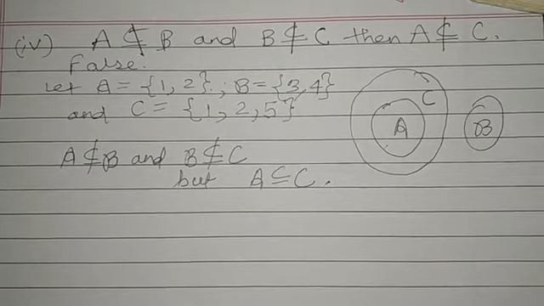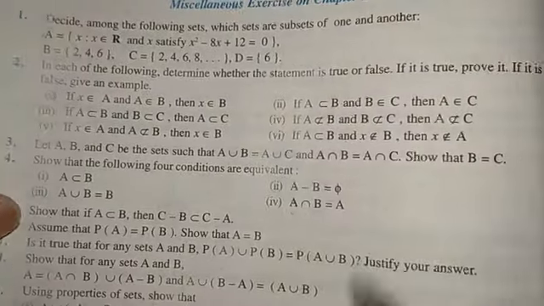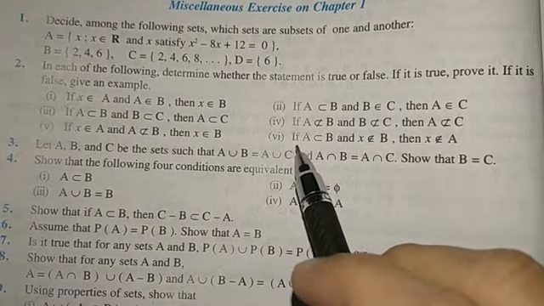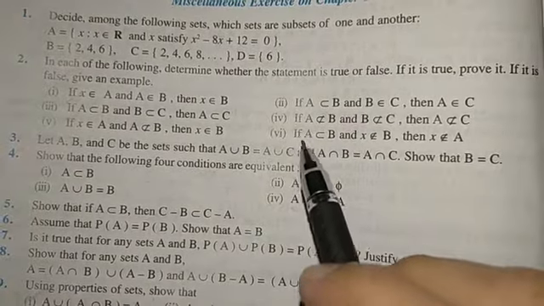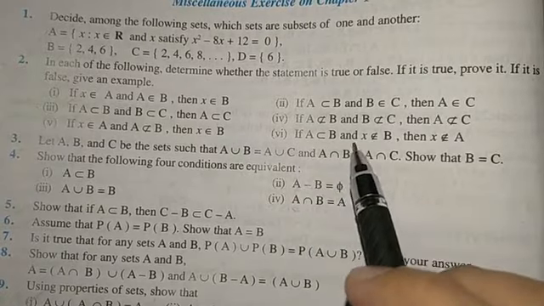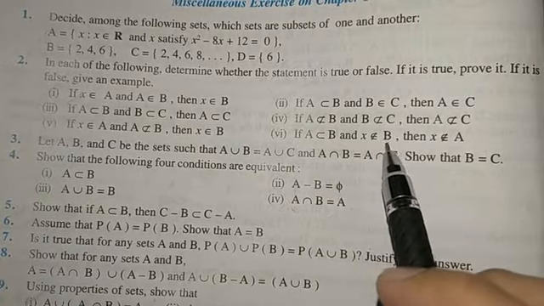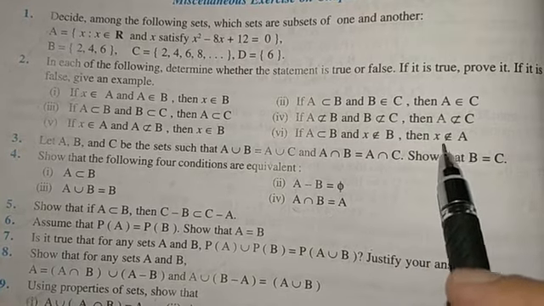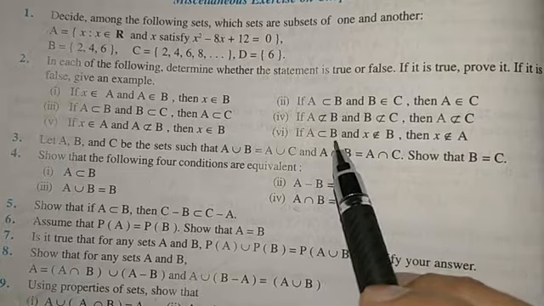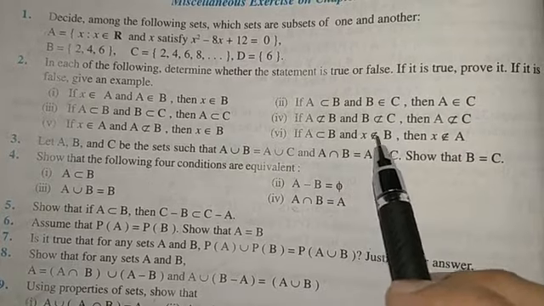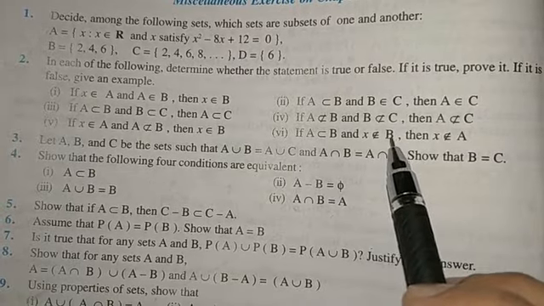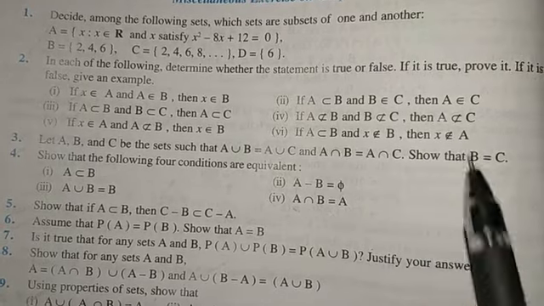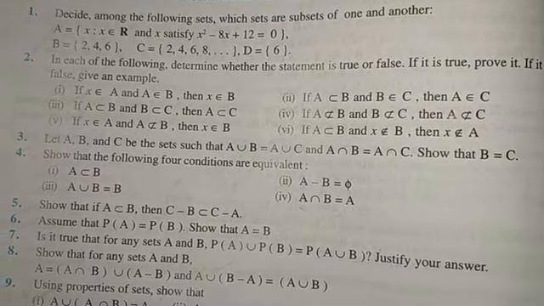Now let us go to problem number 6. The statement is: if A is a subset of B and X does not belong to B, then X does not belong to A also. That is the statement given to us.